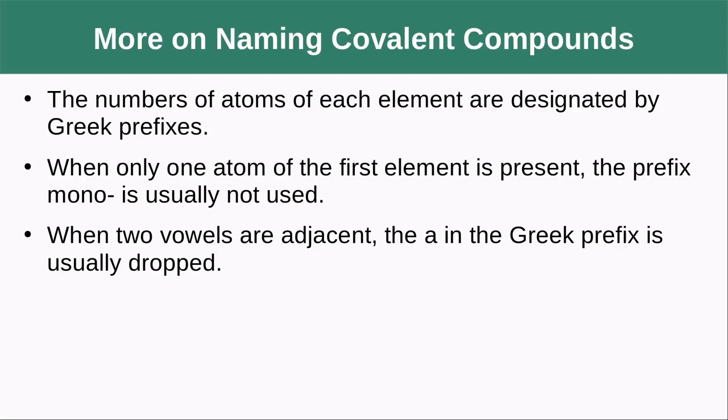And we're typically not going to use mono. So if there's only one thing there, we're going to skip over it. And when two vowels are adjacent, so basically when the word looks a little weird because you have too many vowels running together, you're going to drop the A from the Greek prefix.